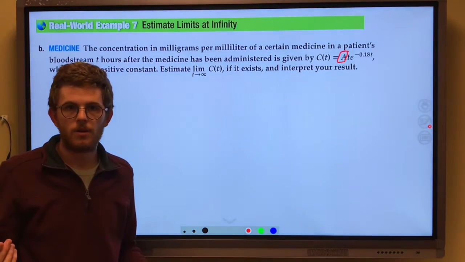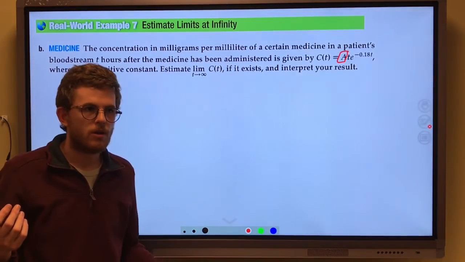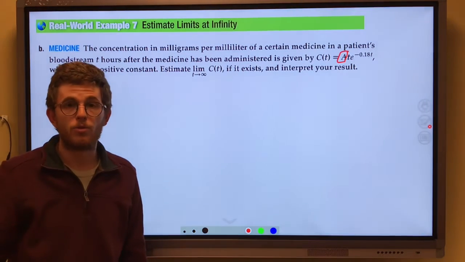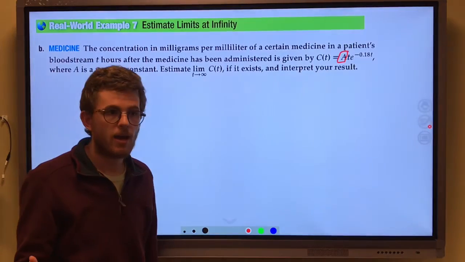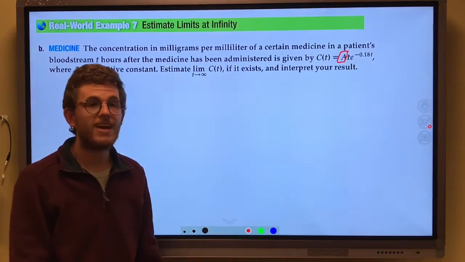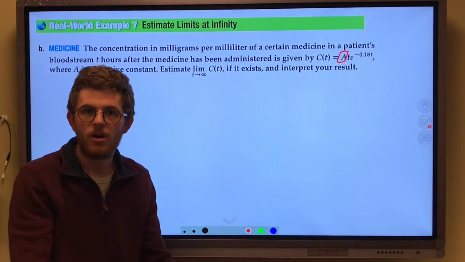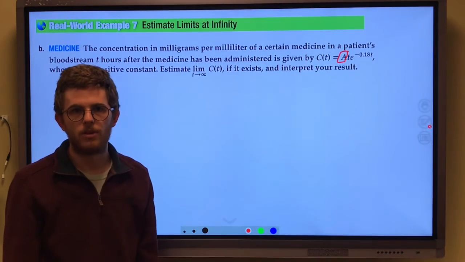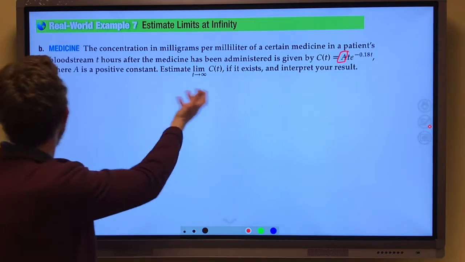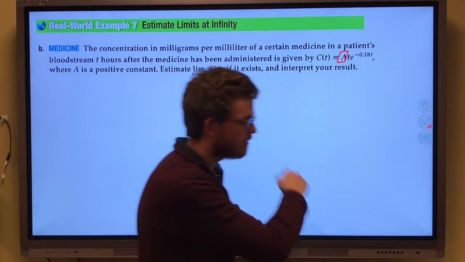We've all watched some TV show where they say, hey, I did drugs, and I'm wondering, am I going to pass that drug test? Well, it takes time, and as time goes on, it leaves your bloodstream. Don't want to bring drugs into this, we're just talking about medicine, and that's what medicine is.